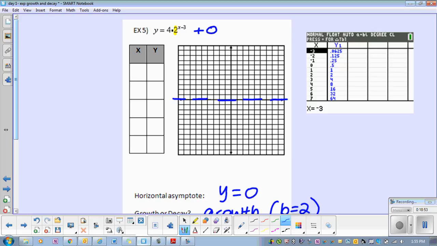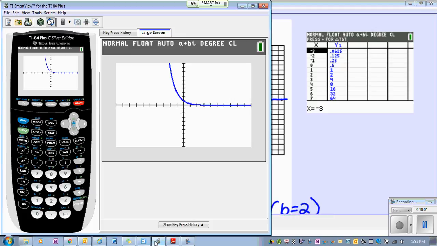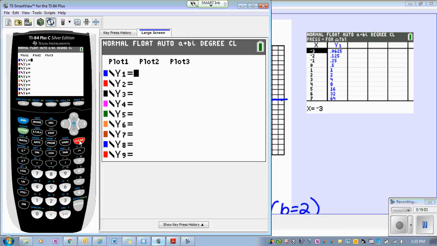So let's all go to y equals, and when you put this in, put it in exactly the way you see it. 4 times 2 to the, guys, what's in the exponent? X minus 3. Both of those things are in the exponent, so please make sure you put that in parentheses. X minus 3. You want all of that to be included in the exponent.